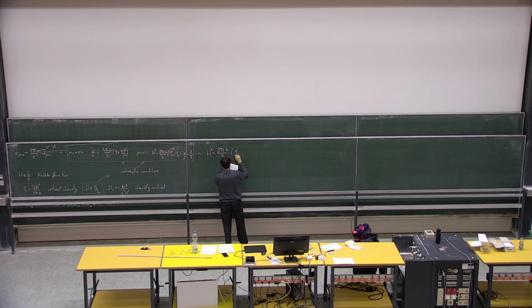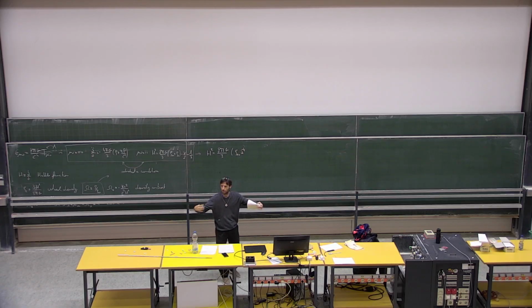So we have rho r, radiation, a to the power of minus 4. Exactly. Remember, the universe is expanding.